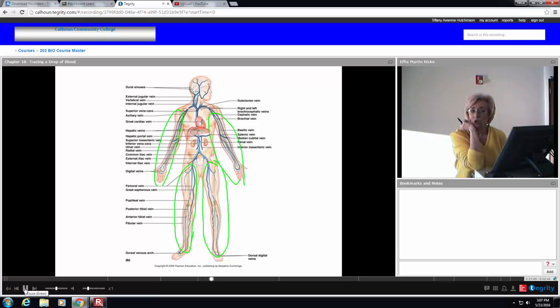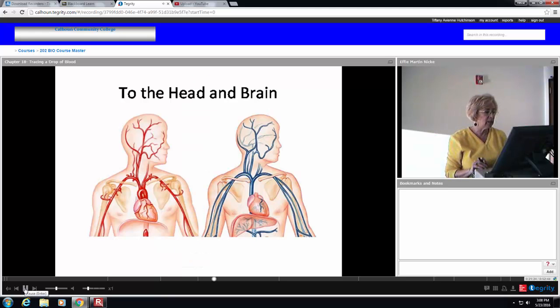So you should just be able to use some common sense. The first part you've got to learn is to really understand circulation, and then the rest of it will fall into place. So without further ado, let's try some. Let's do a circulation to the head and back.